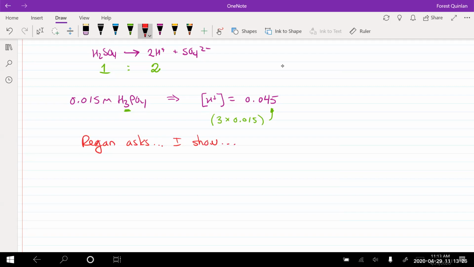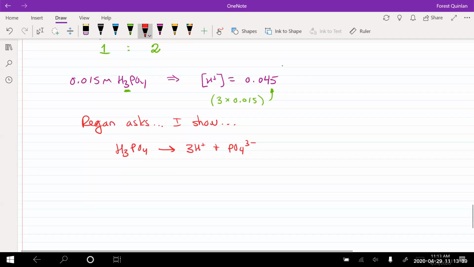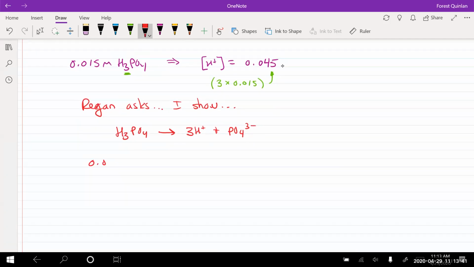Okay, we have H3PO4 breaking up to give us those 3 H's and a phosphate. Can we agree there? Yes. Okay, so watch this. If I have 0.015 moles per liter of H3PO4, and I convert that to moles of H plus, I will see that 1 mole of H3PO4 will give me 3 moles of H plus.